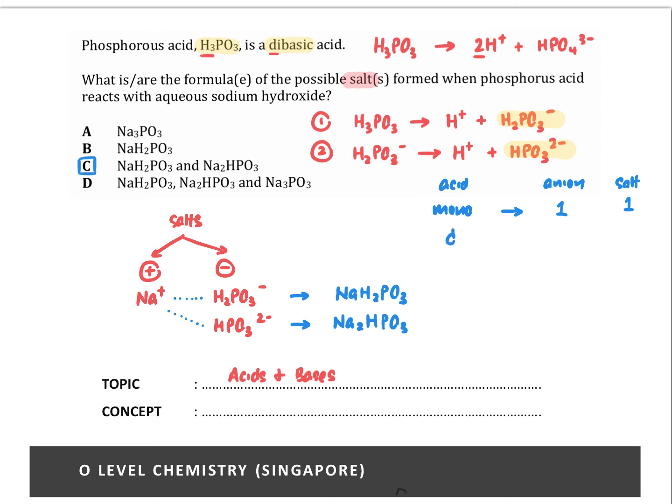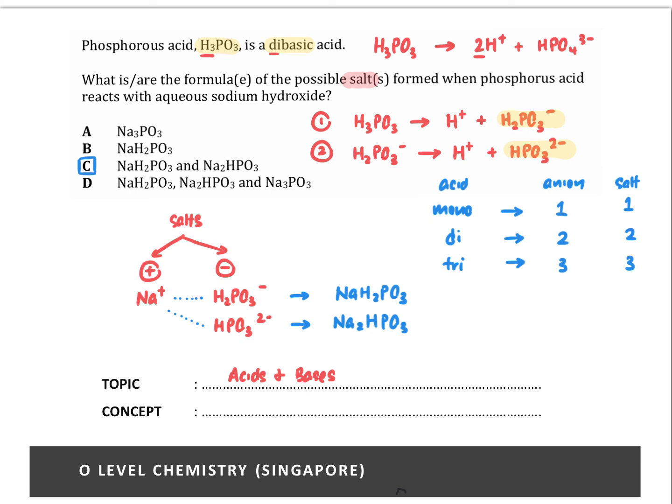When you have a dibasic acid, it will ionize stepwise, which gives rise to two different anions, and on reaction will give you two different salts. Similarly, if you have a tribasic acid, it will ionize stepwise to give you three possible anions, and as a result, you will get three different salts.